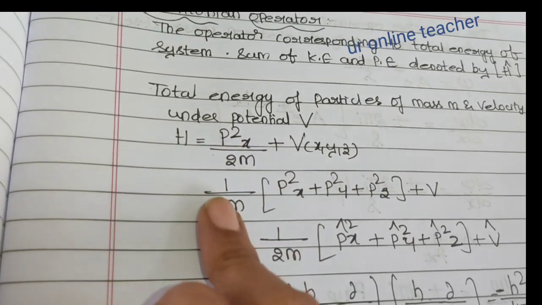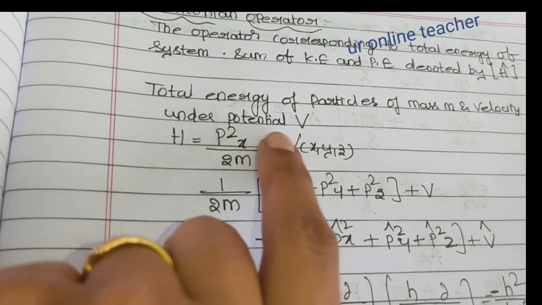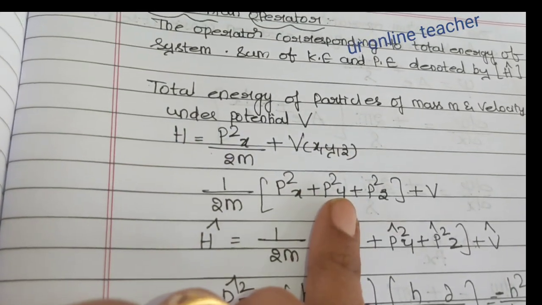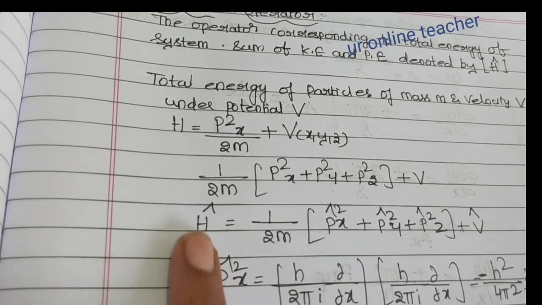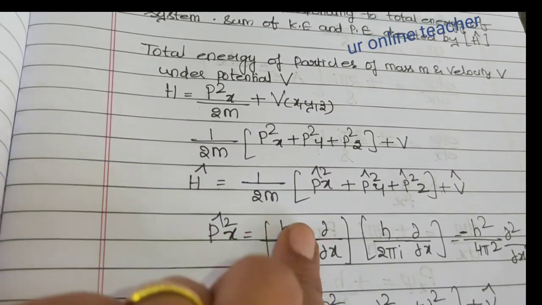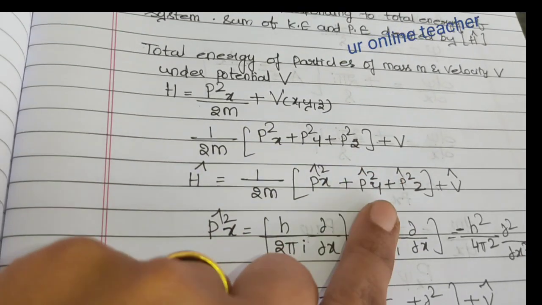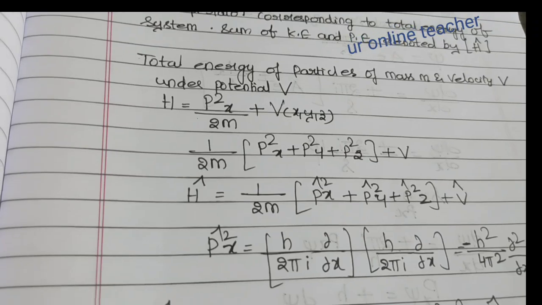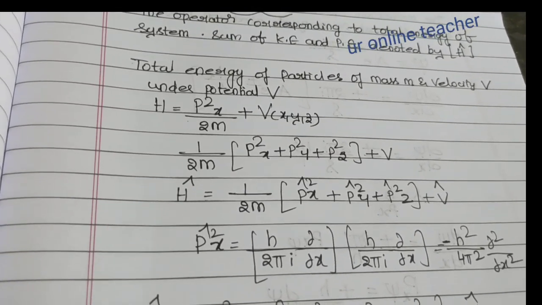When we take 1 by 2m as common, we get p_x square plus p_y square plus p_z square plus V. When we apply the H cap operator, 1 by 2m is common, and here also we will get all the caps: p cap x square plus p cap y square plus p cap z square plus V cap.